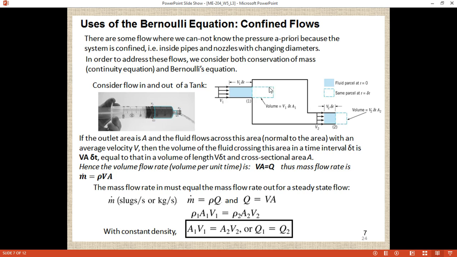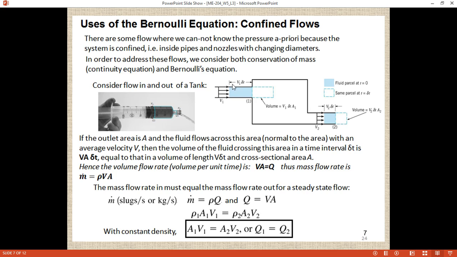This is the volume entered into the tank in time delta t. It covers the distance with the velocity v1 in delta t time. So s equals v t, v into t is basically the distance covered.